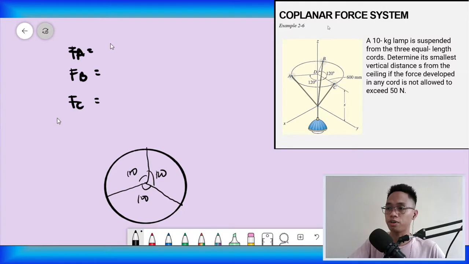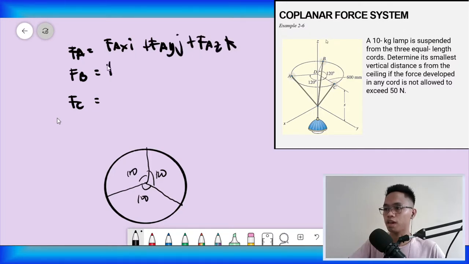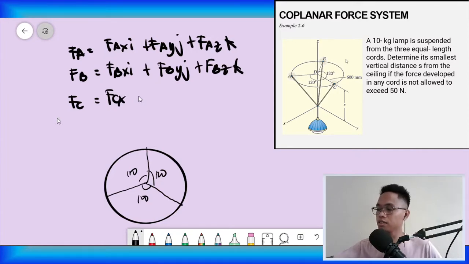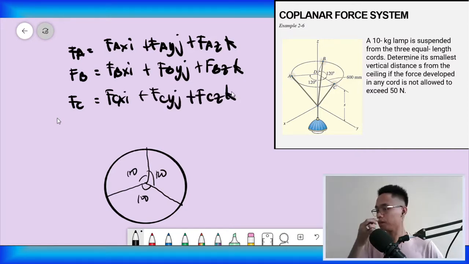So we have FAXi plus FAYj plus FAZk, and we also have FBXi plus FBYj plus FBZk, FCXi plus FCYj plus FCZk. So we should have these forces to use.